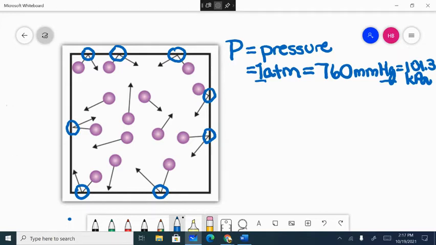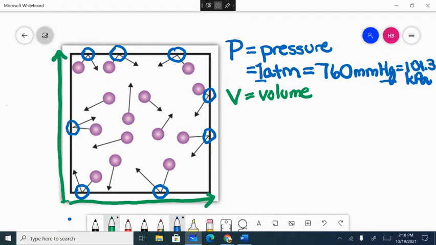We'll erase that drawing. That was terrible. Another variable that we're more familiar with is volume. That's the amount of space that it takes up. So volume would be kind of represented by length times width times depth, like such. How much space the gas particles are allowed to occupy.